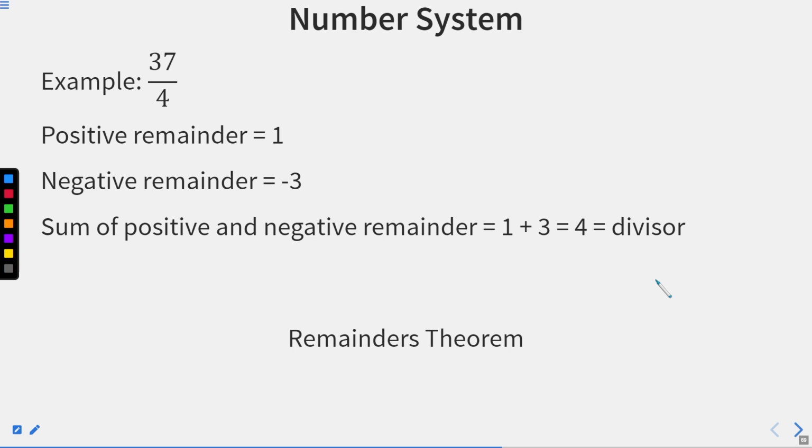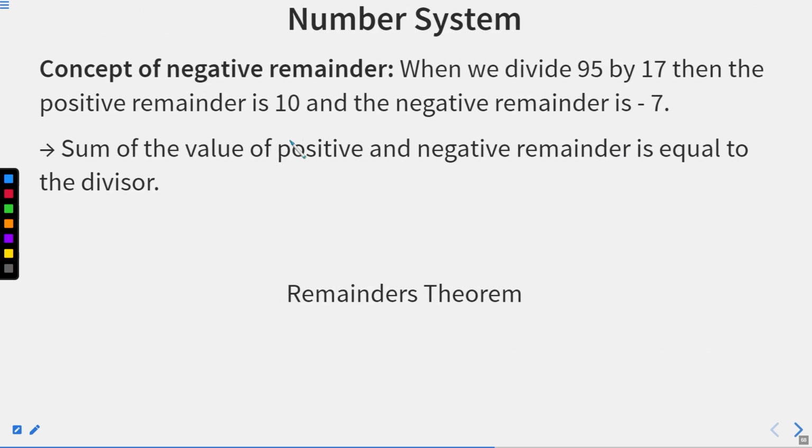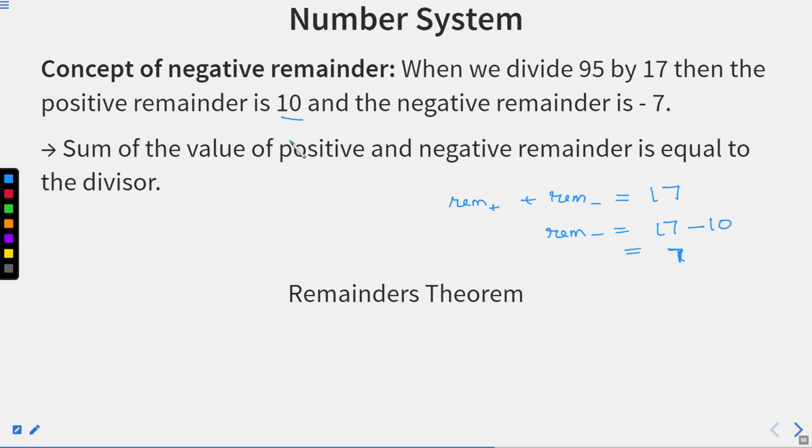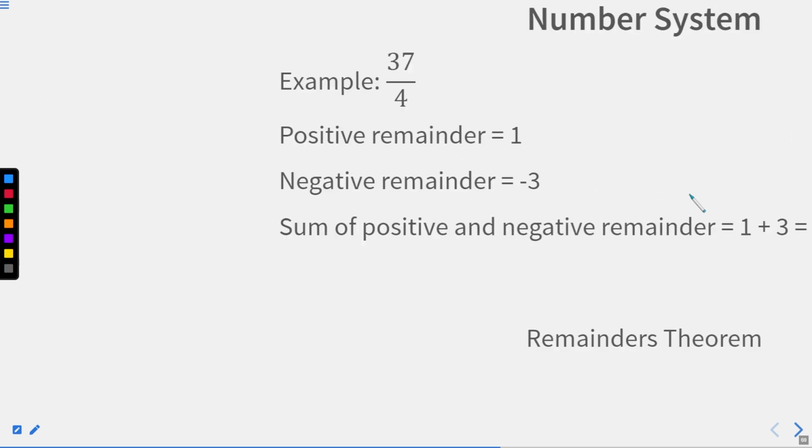Next, 37 by 4. When you divide 37 by 4, the remainder will be 1. Or you can think of it as: what number should I add to this remainder so as to make the number equal to the divisor?